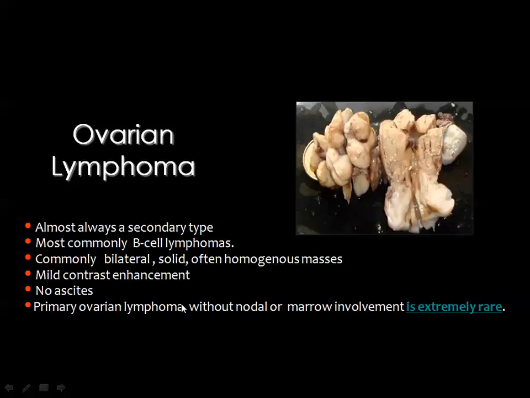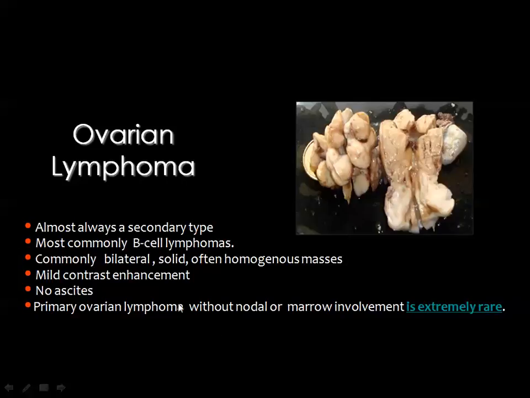Ovarian lymphoma may simulate the Krukenberg tumor, but in cases of Krukenberg, there is a primary malignancy responsible for these ovarian metastases. In cases of ovarian lymphoma, you may find in the clinical history a lymphoma elsewhere in the body as well.